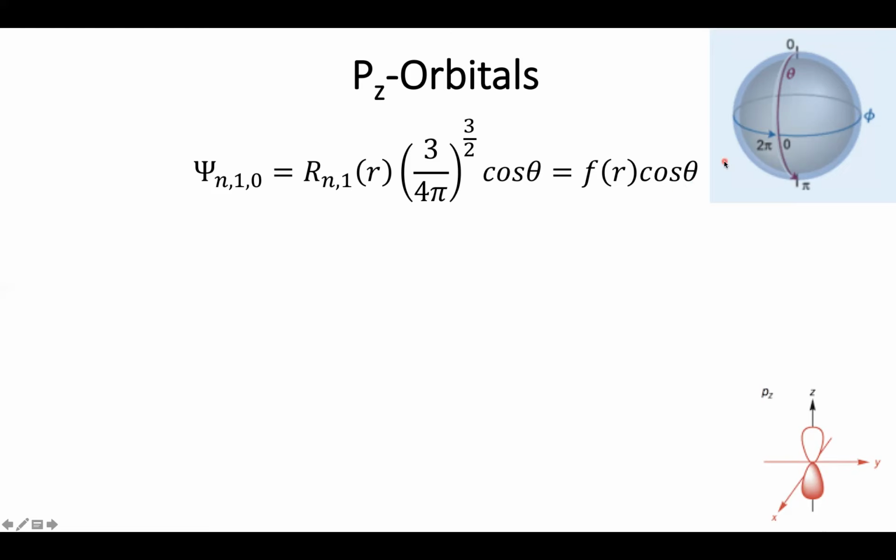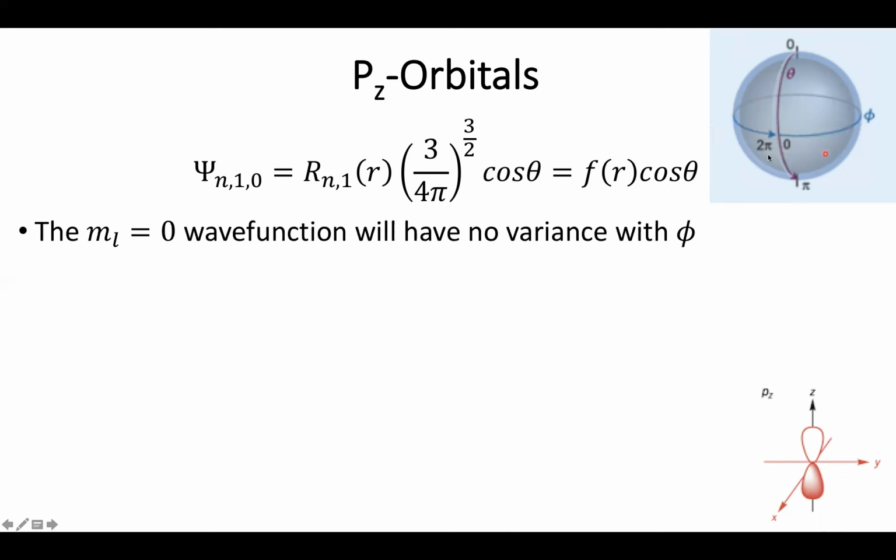Let's take a closer look at our notation in spherical coordinates. We see no dependence upon phi, which is rotation in the xy plane. If I look around in the xy plane, this function is completely symmetric. Any angle of phi is as good as any other angle.